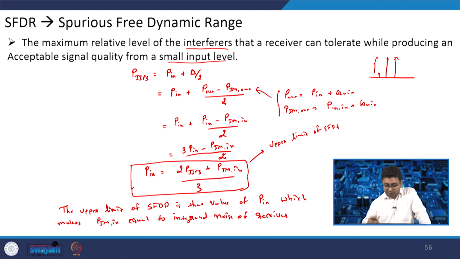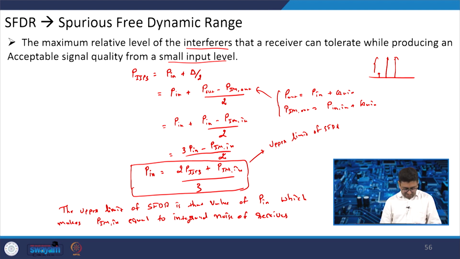So, we try to increase the input power level step by step, and the moment at which your power level is increased to the level where your third order product will equal the integrated noise of the receiver, that will be defined as the upper limit of SFDR.